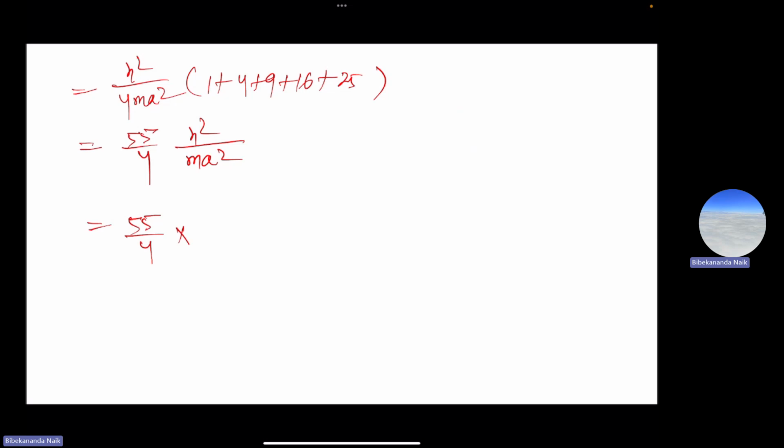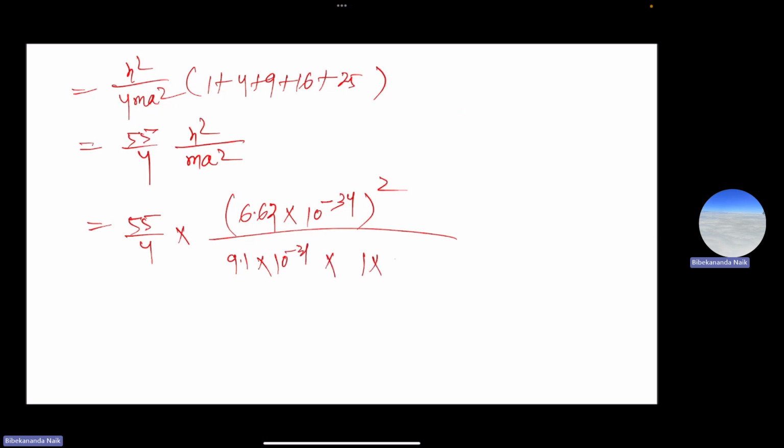If we put the values of h, it will be 6.62 into 10 to the power minus 34 whole square divided by 9.1 into 10 to the power minus 31 into a, which is 1 into 10 to the power minus 10, square.